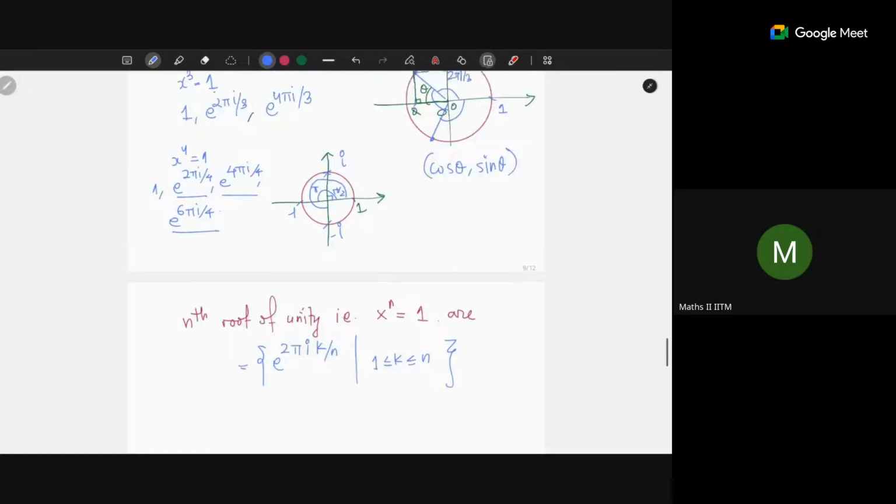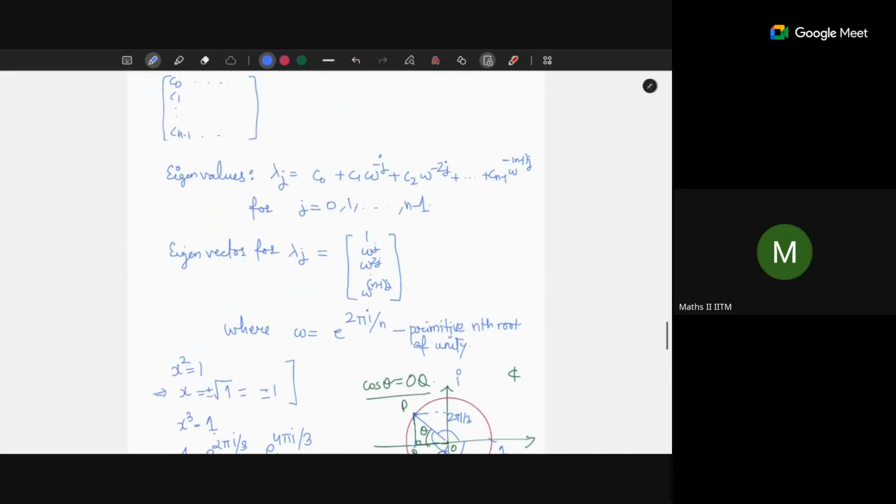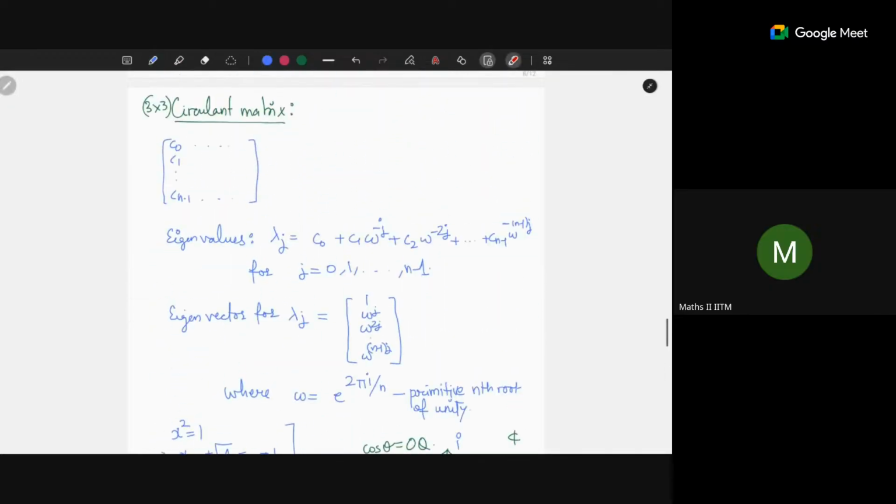Now coming back to the circulant matrix. Whenever you have a column, the eigenvalues are nothing but this: the jth eigenvalue is c0 plus c1 omega to the power minus j, c2 omega squared to the power minus j, and so on up to n minus 1. What it actually says is c0 plus, now what is omega? Omega is the first primitive root, e to the power 2 pi i by n.